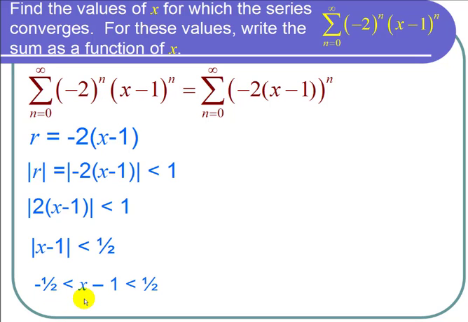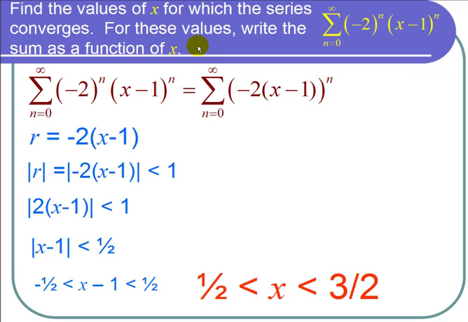So now the last step is just to add 1 to both sides. -1/2 plus 1 is positive 1/2, and 1/2 plus 1 is 3/2. So we get the series converges for all x between, and not including, 1/2 and 3/2.